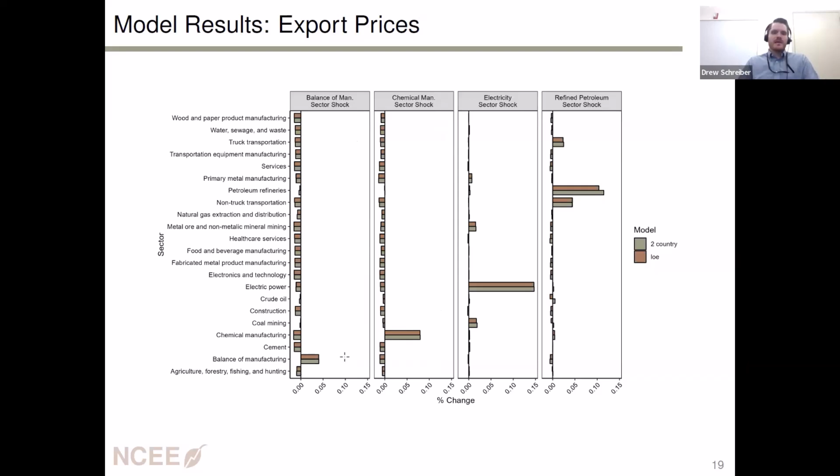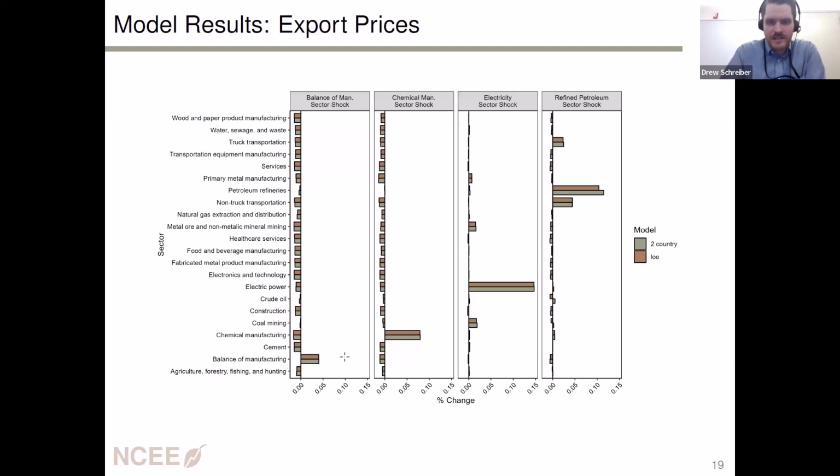When we look at prices, you see some very, very similar trends. The shock is making it more expensive to produce, and so you see an increase in the export price in the shocked sector, but then some general equilibrium effects going on elsewhere in the economy. I should also have noted that each column represents a different shock. The first column is the shock on balance of manufacturing, the second is on chemical manufacturing, and so forth.